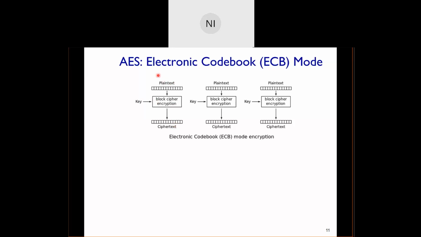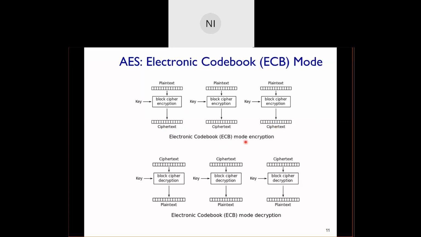If you have a large message, you decompose the message into 128 bit lengths. For each 128 bits of your plain text, you have the corresponding ciphertext. Then you stitch together all this ciphertext, compose the packets and send them to the other party. So this is called ECB mode of encryption.